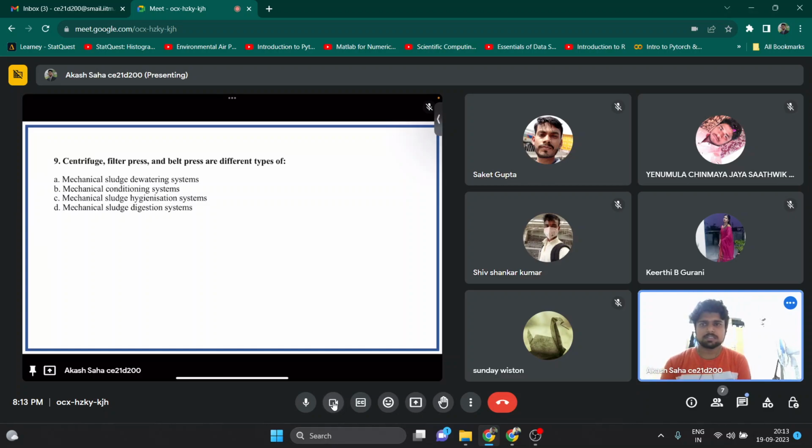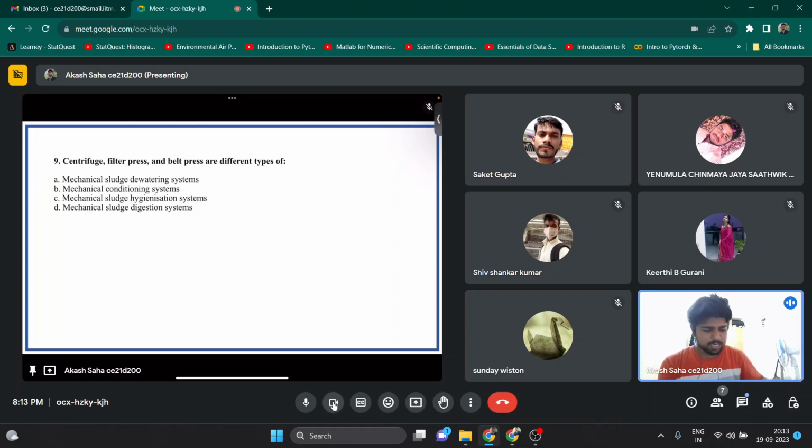Just see the names: filter press, belt press. If we do these things, what will happen to the sludge? Will it digest the sludge? Conditioning. Is it for conditioning? Do we use a filter press or belt press for that? No, sir, conditioning is not correct. So it cannot be conditioning.